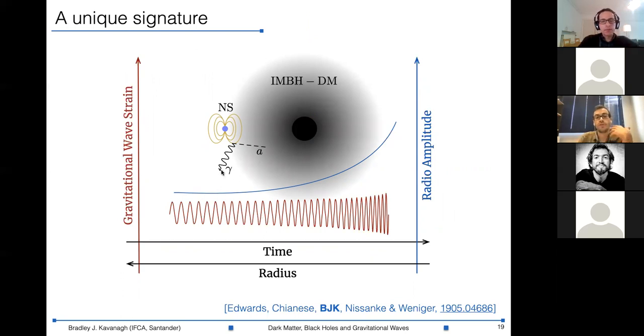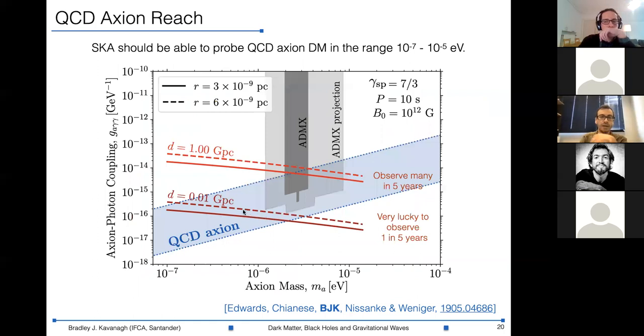But also you would have these axions converting into photons in the strong magnetic fields of the neutron star, and you would potentially be able to see this emission, in this case radio waves, because of the particular mass of the axion. And so you would have this cool kind of dual observation that you could do. For example, observing these kinds of systems, you would be able to reach down to pretty low axion-photon couplings, depending exactly on the mass.